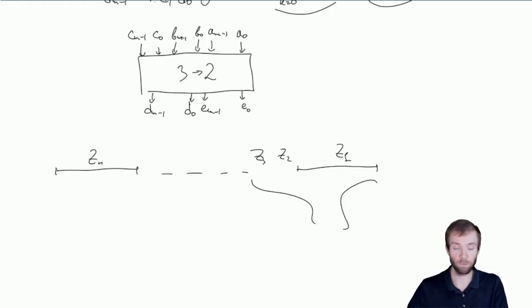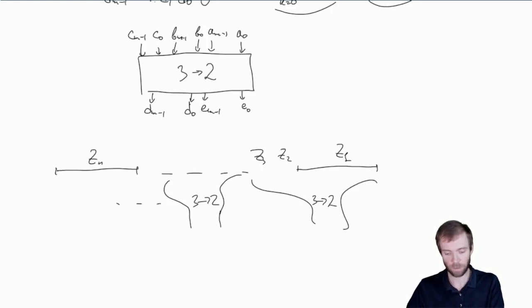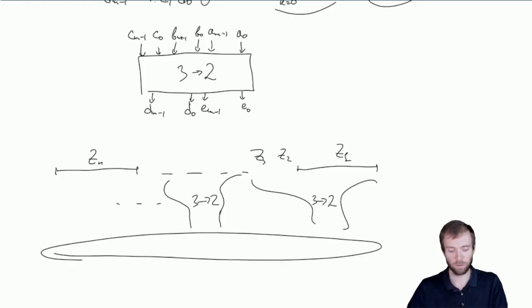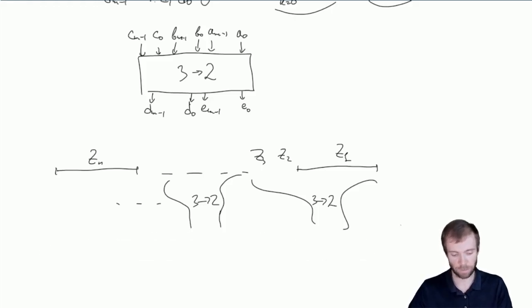We combine Z4, Z5, and Z6 into 2 numbers. So here we have this 3 to 2 circuit, and so on and so forth. And on the next layer, we get approximately n times 2 over 3 numbers.